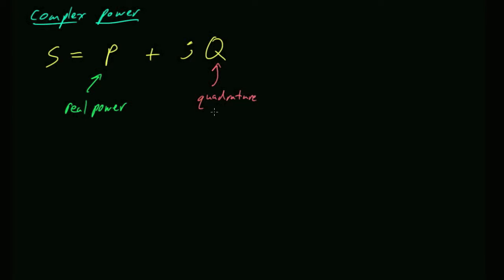Quadrature is basically a fancy engineering term for 90 degrees out of phase. It's literally what it means. Quadrature power means quadrature anything. You'll see quadrature when you go to, I don't know, probably to see Dr. Szilagyi for one of his comm classes. You talk about quadrature stuff a lot. Quadrature just means 90 degrees out of phase. So you have real power, then you have the quadrature power.